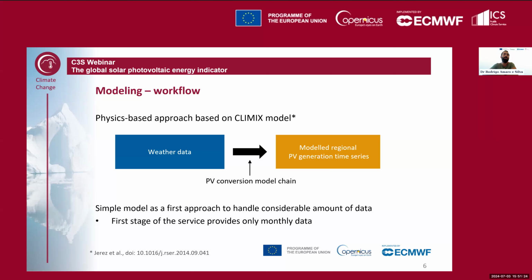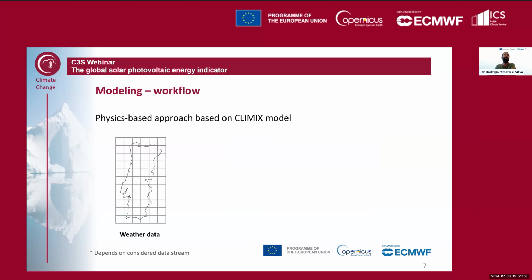We have a simple modeling chain where weather data coming from either ERA5, a seasonal forecast or a climate projection goes into this model, which then is converted into a PV capacity factor as an output. We chose this simple model as a first approach because, as you'll see later, we are handling a very considerable amount of data, and so we thought this would be the most suitable choice for this step of the service.